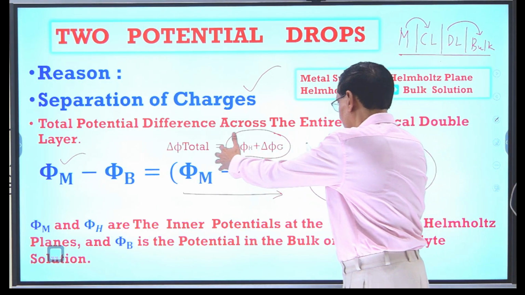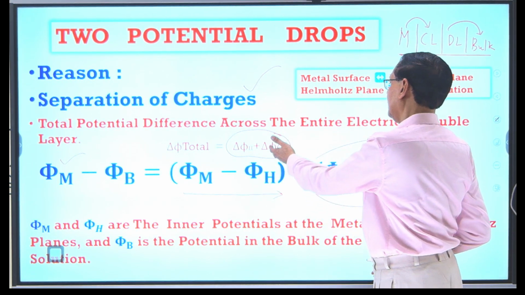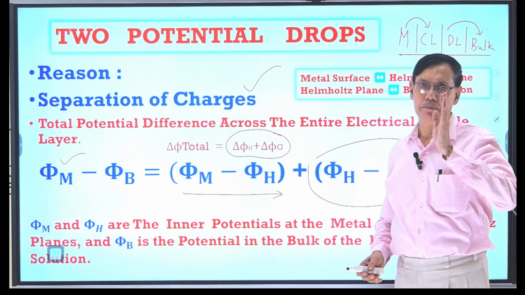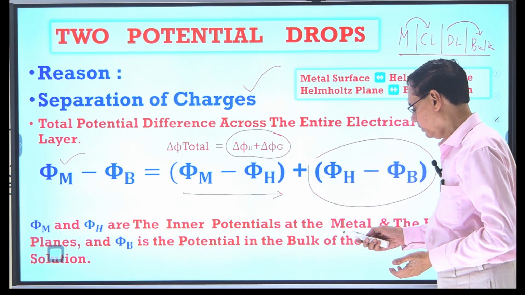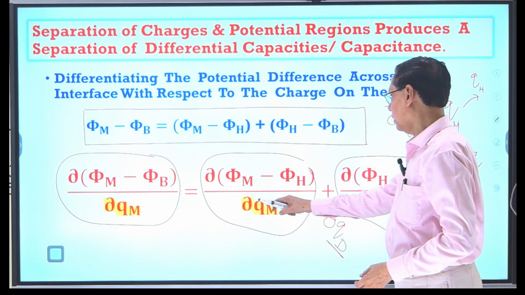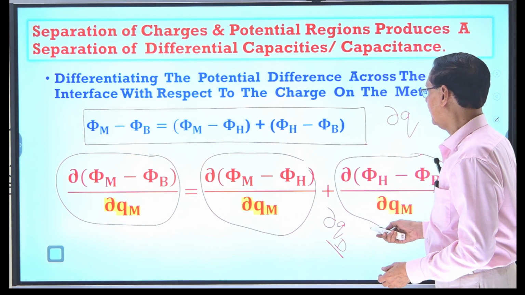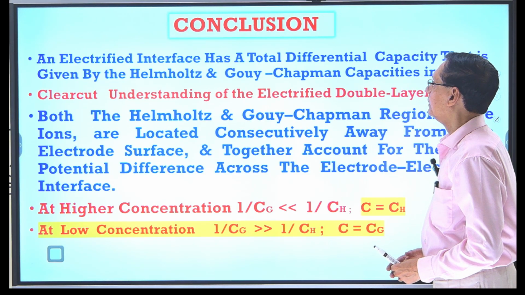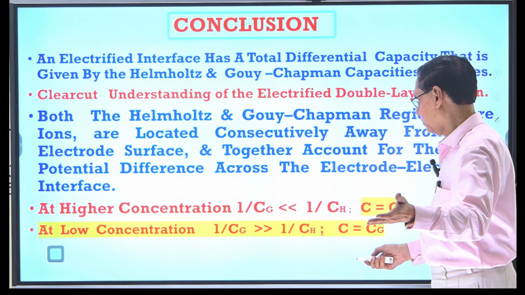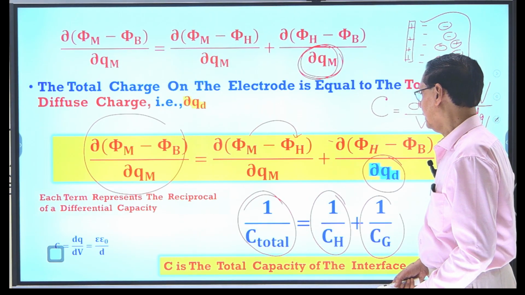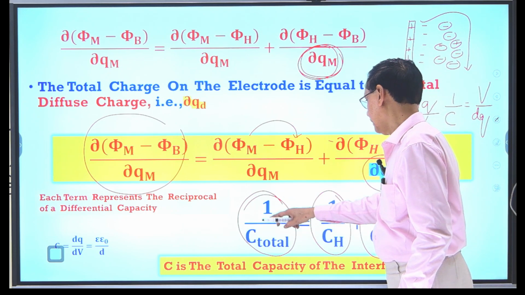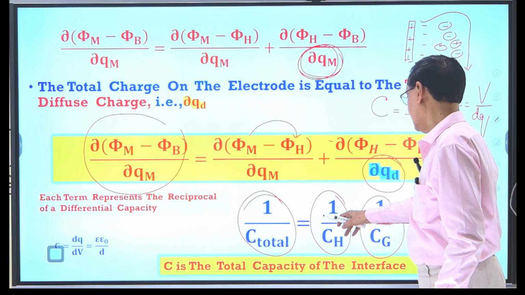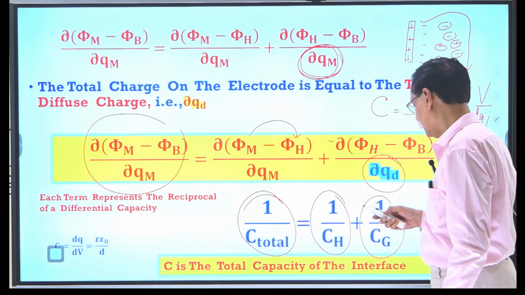So just these two parts, differentiate with respect to charge on the metal, and then substitute the value of total C, you will get the equation. So the conclusion is, and you can also tell me what the conclusion is, that the total differential capacitance can be calculated by 1 by CH and a mix of this thing.